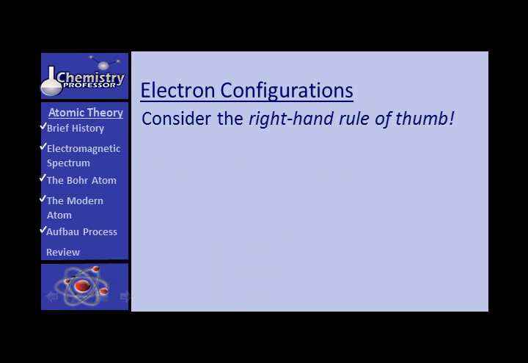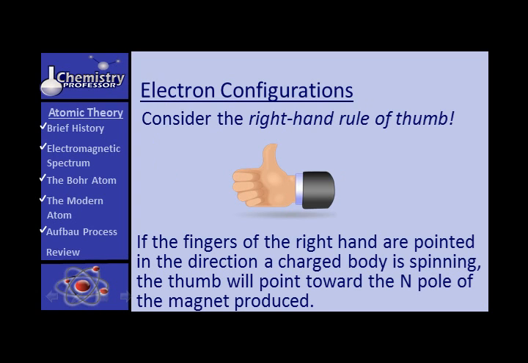We'll take a closer look at spin by looking at the right-hand rule of thumb. Now here's a right hand. Look at the way the fingers are pointed. If the fingers of the right hand are pointed in the direction that a charged body, like an electron, is spinning, the thumb will point to the north pole of the magnetic field that is produced.